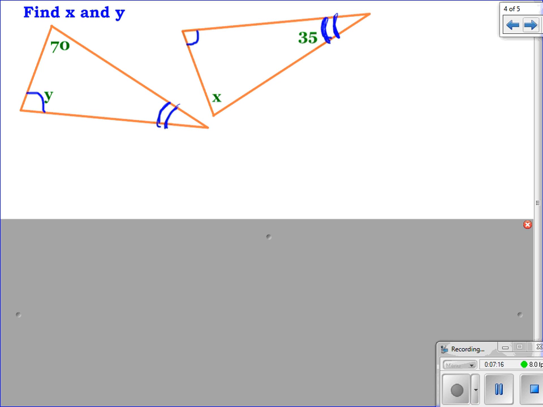So we can transfer over this 35. And the angle with just one arc on it, same thing here, we can transfer over the variable. Now on both triangles, we have all the angles filled in with something, either a number or a letter. And one of them is solvable, one of them is not. The one on the left we can solve. The three angles of a triangle add up to 180, like we learned in the last section.